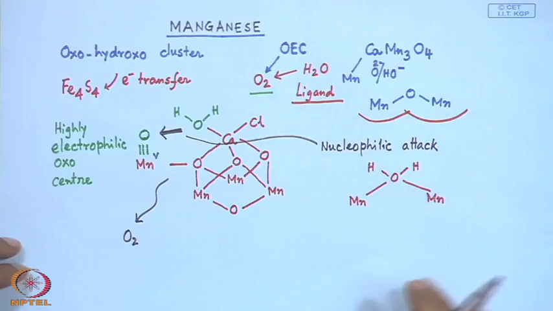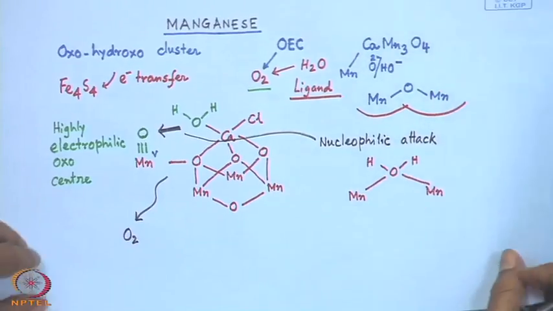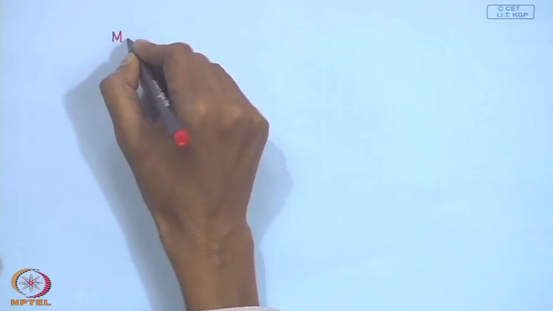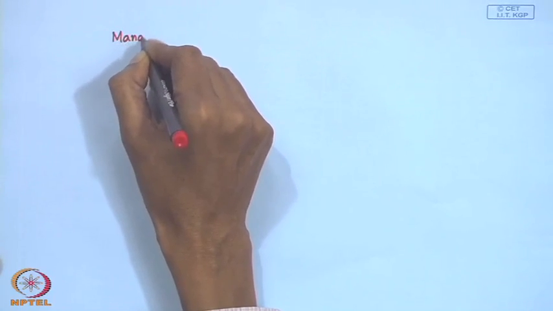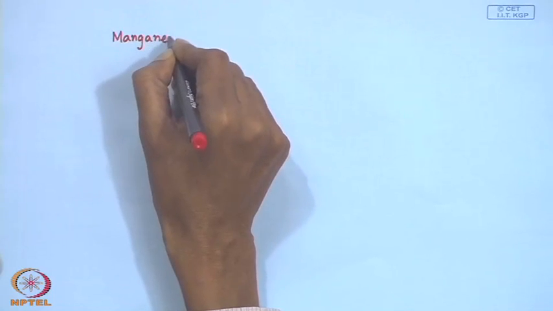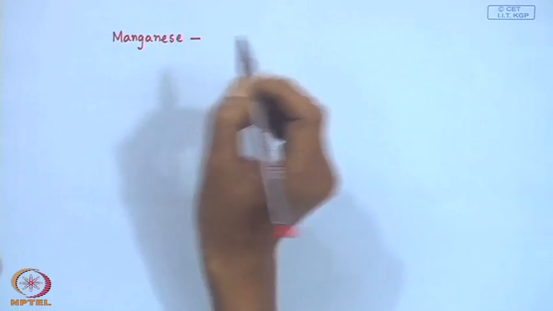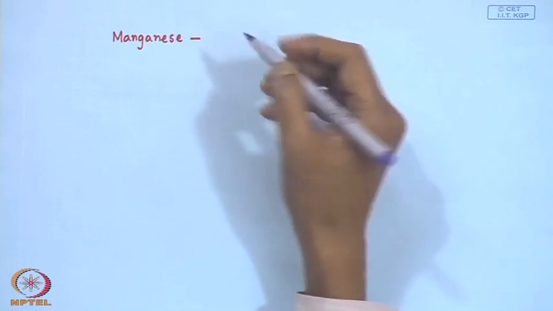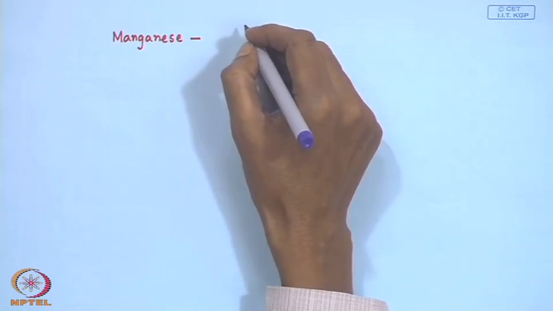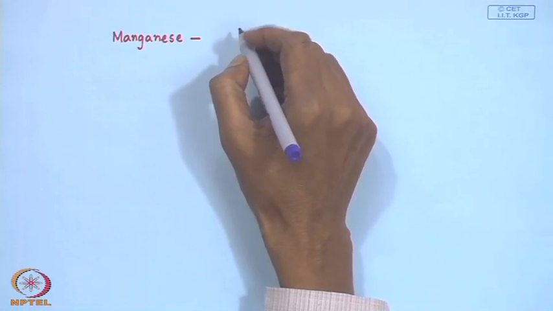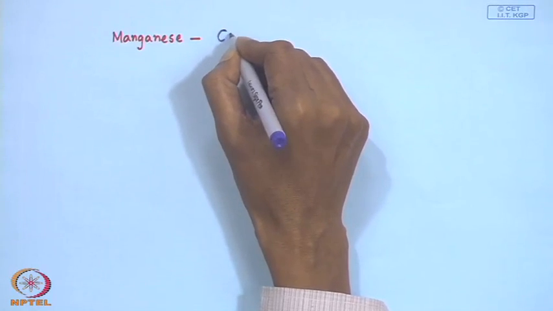So, we will see some more manganese centers, where you can put more than one manganese center. These manganese have been identified in several other molecules. Some of them we already know, they are present as cofactors in catalases.